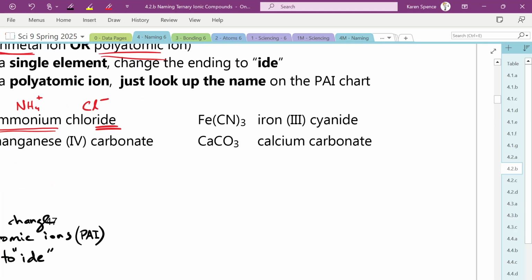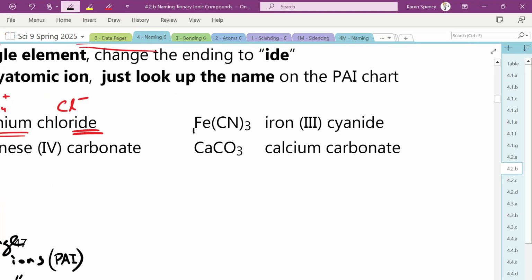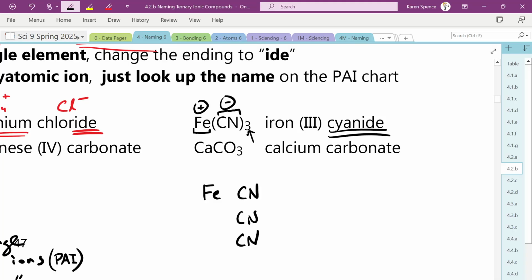We got another one over here. We have Fe, that's our metal, that's our positive ion. That means that Cn is our negative ion. Iron is in the red zone, so we have Fe, one of them. How many Cns do we have? We have 3 Cns, so we go Cn, Cn, Cn. Cyanide, let's go look that up.